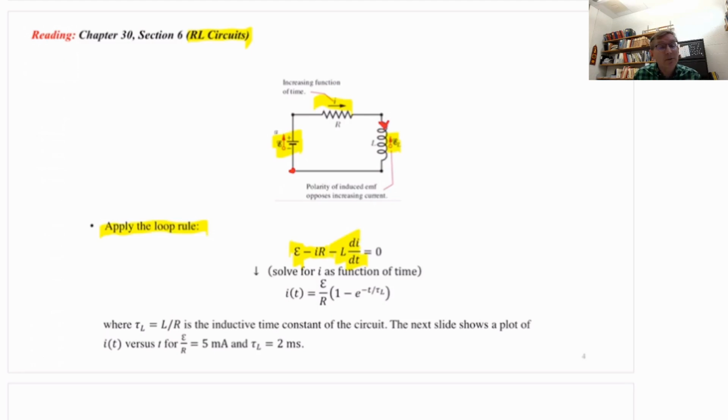Di dt I know is positive because the current is increasing. So minus L di dt is negative. It's a potential drop. And then I get back to where I started, the total must be 0.